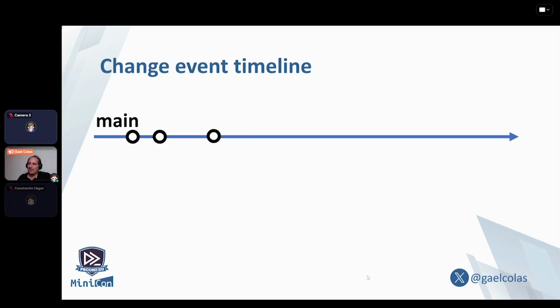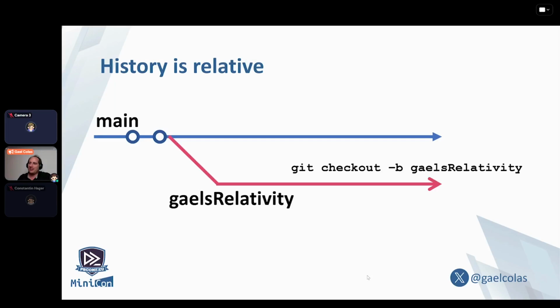So let's go back to something simple. We have a change of events that happens, and the history is relative to your branch. Commits that happen in one branch don't automatically populate to the other branch. We add changes to a branch by manually creating, adding files and committing them.